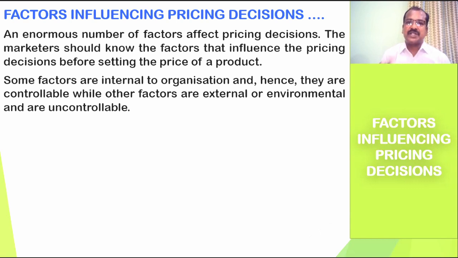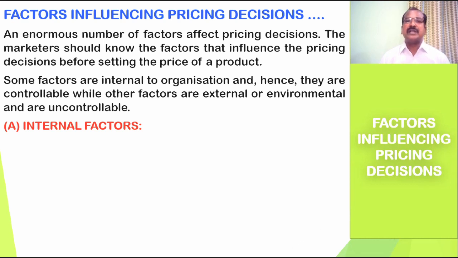The factors which come from the internal environment of a business organization are controllable by the organization or by the marketer himself. If the factors come from the external environment, obviously they are uncontrollable. They are the influences according to which you, the marketer, should adjust your way of setting price. Let us look into the details of internal factors which influence setting price for a marketing offer.